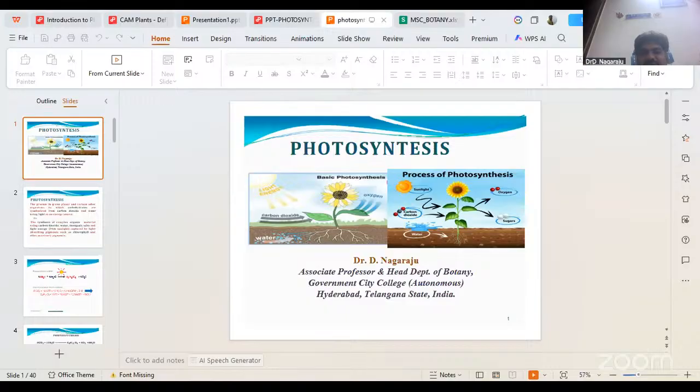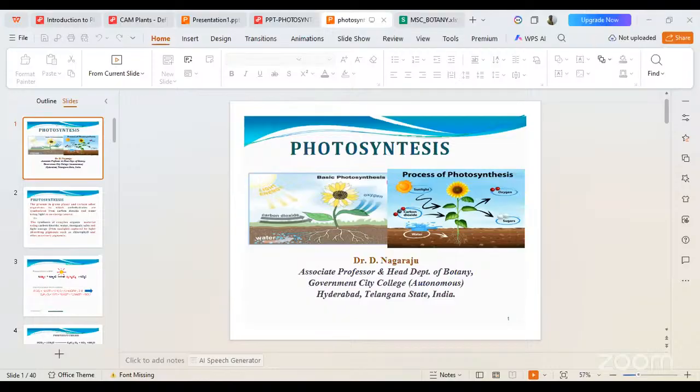The light reaction always occurs in the light, but the dark reaction happens not only in the dark or night; it also happens in the day and night. Dark reaction does not mean night. It is the reaction that happens without any dependence on light.